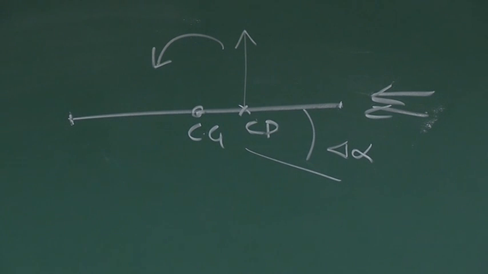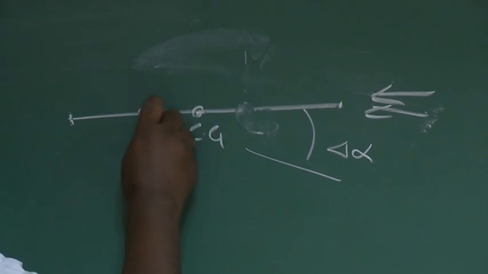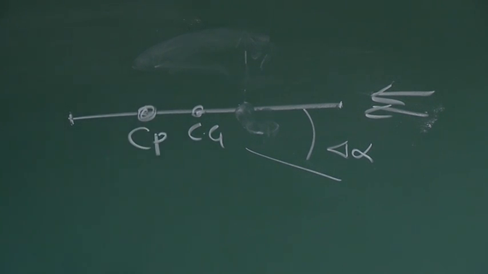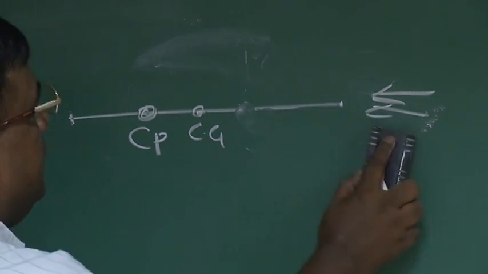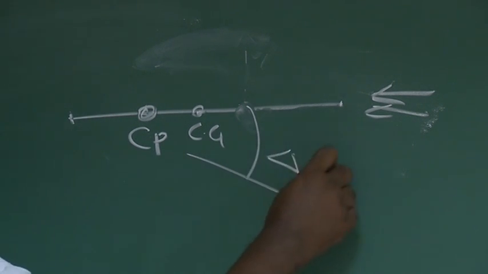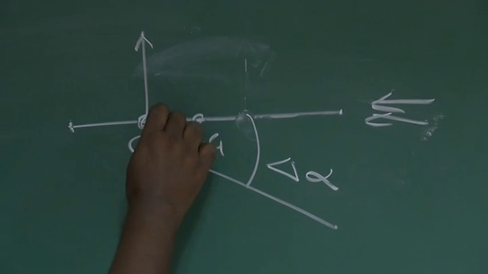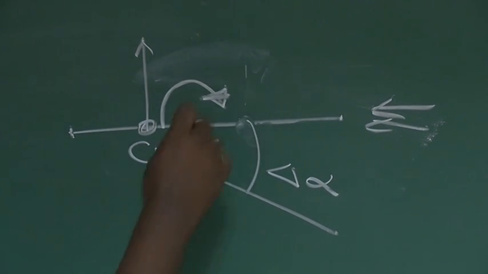In contrast, if I put the center of pressure behind the center of gravity, then you know this becomes a case of statically stable case. Again you can check, if this is the delta alpha disturbance you have given, now there will be a force here which will try to give a nose down moment.